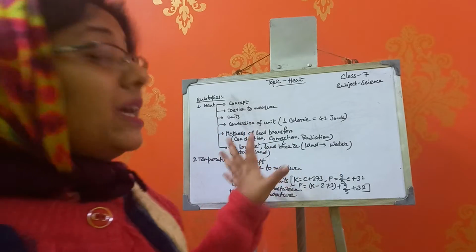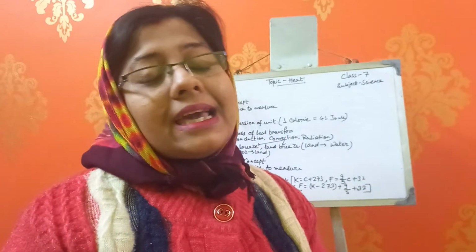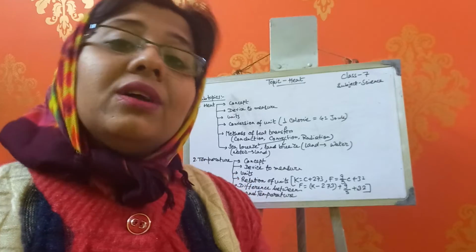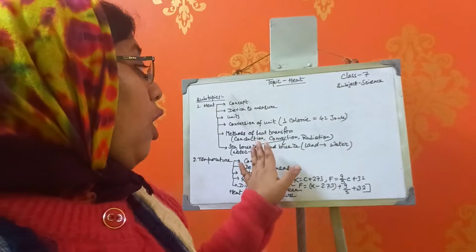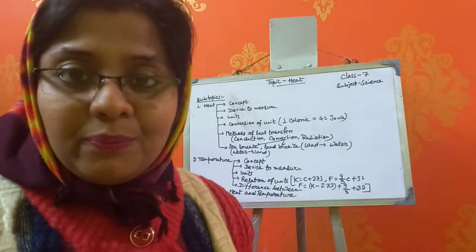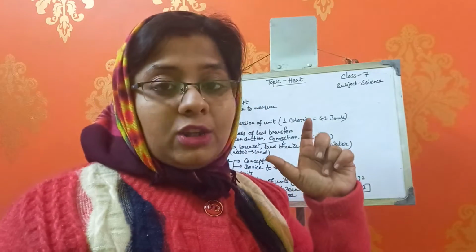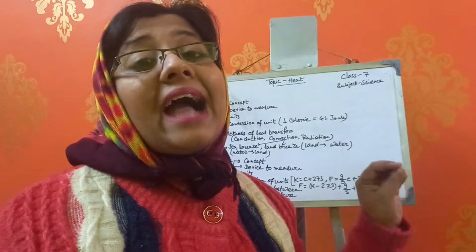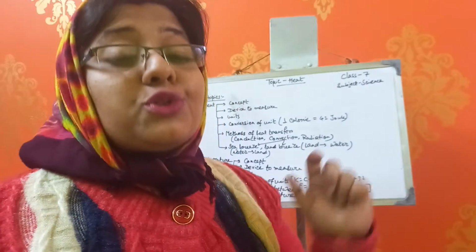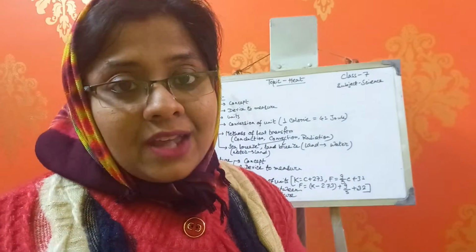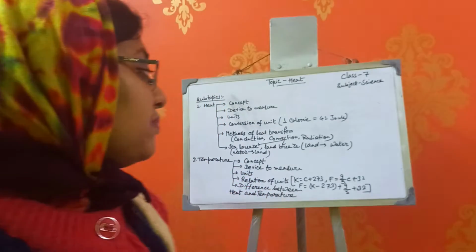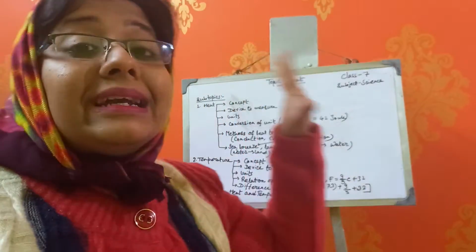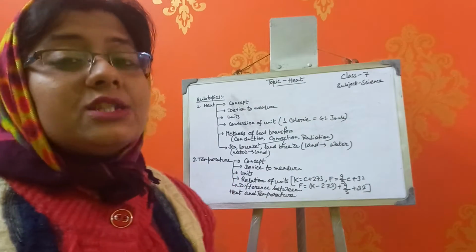Now land breeze and sea breeze, you can say these two are natural phenomena, or examples of the convection method. Because in the convection method, the molecules take active participation to transfer the heat. So these two are natural incidents. How? First, during daytime, what will happen?